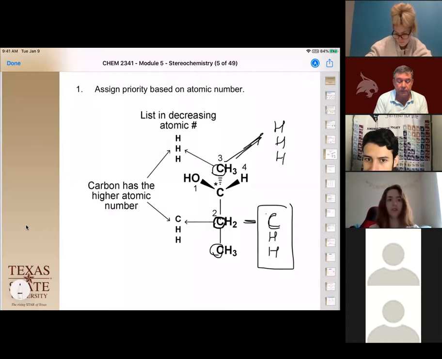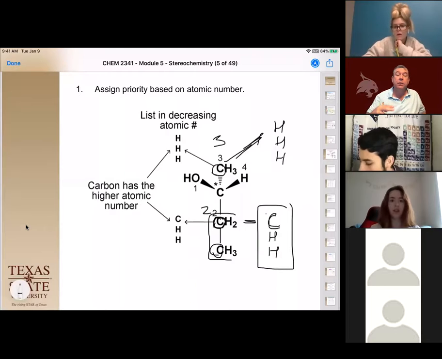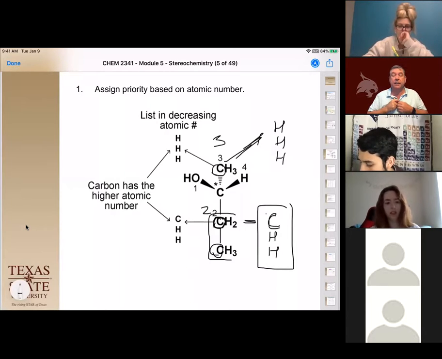Which means that this group right here, the ethyl group, is now our 2, and this methyl group is our 3. So now we've used rule number 1, which is just atomic number, and rule number 2, to separate two things that have the exact same number. Those are the first 2 rules, and those are the same rules we used for E and Z.